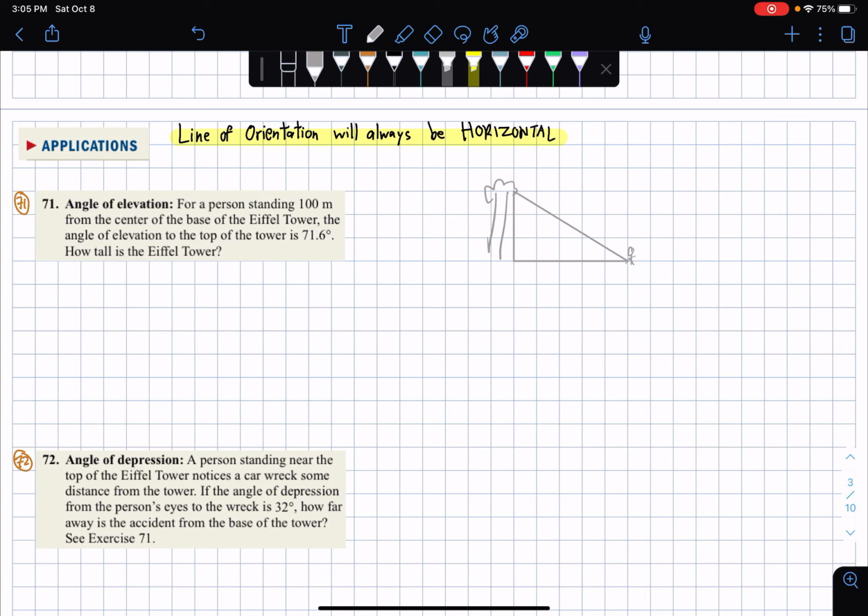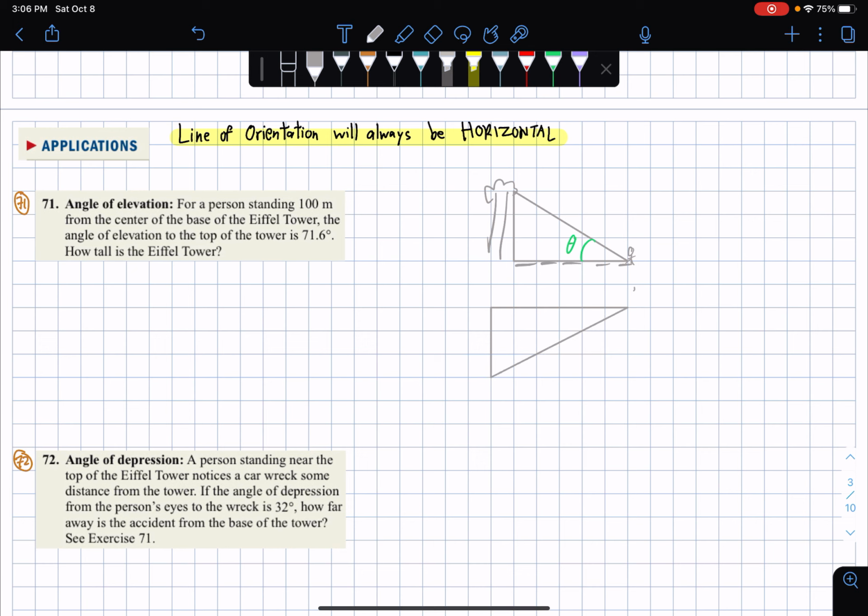And in this context, we have the angle of elevation here presented assuming that it's theta. This is the line of orientation. In terms of line of depression, let's try inverting a triangle like this.